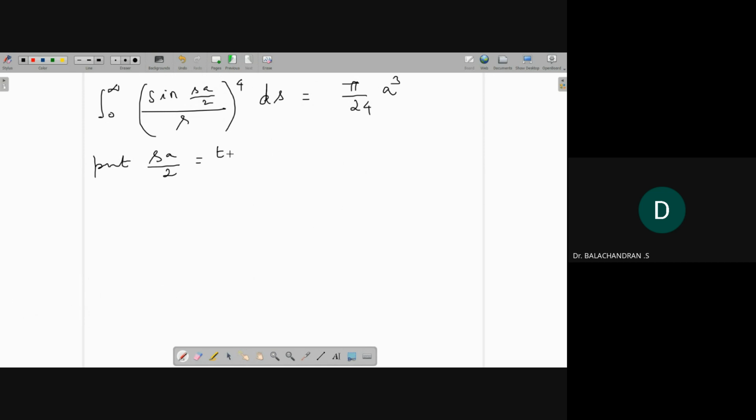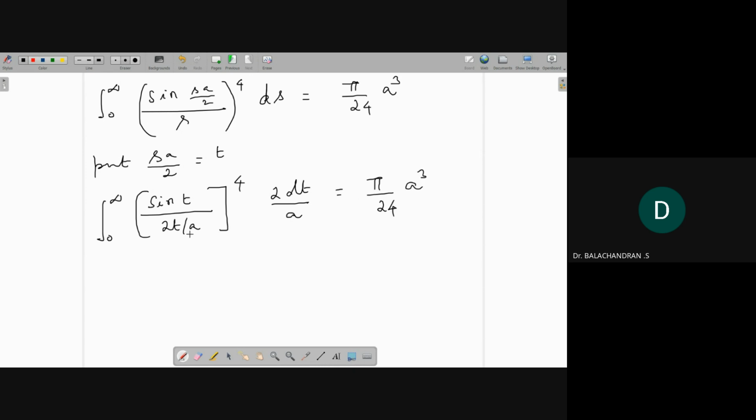Okay, so now the integral is what? 0 to infinity, (sin t by (2t by a)) whole power 4 into ds. ds is what? 2 dt by a, which is equal to pi by 24 a cube.